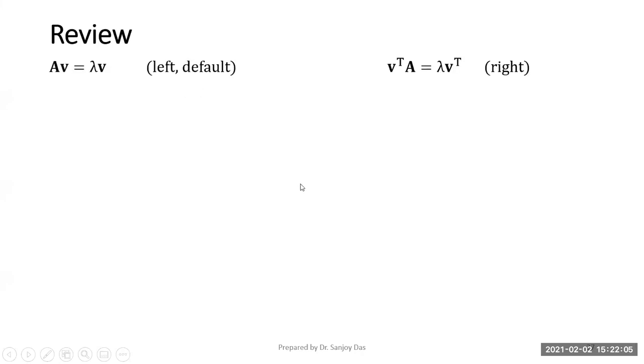Quick recap. AV equals lambda V is the definition of eigenvalues and eigenvectors, and by default we'll assume right eigenvalues and right eigenvectors. For lower triangular and upper triangular matrices, the eigenvalues are the diagonal elements.